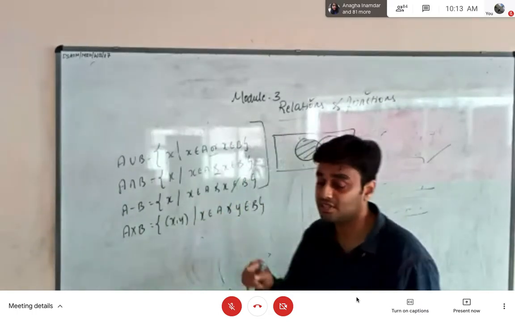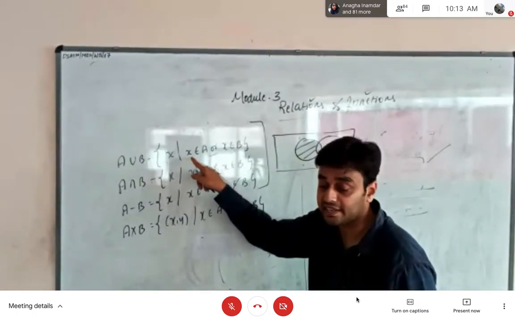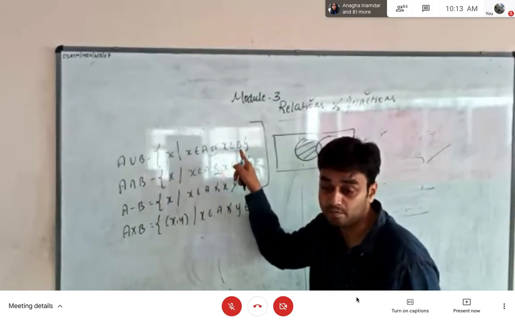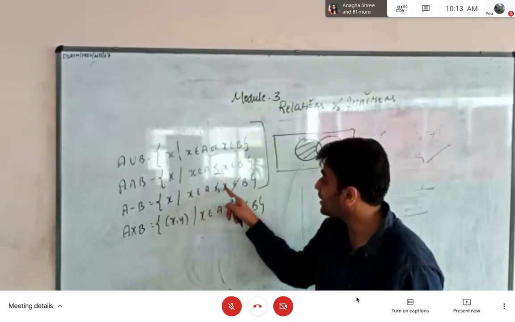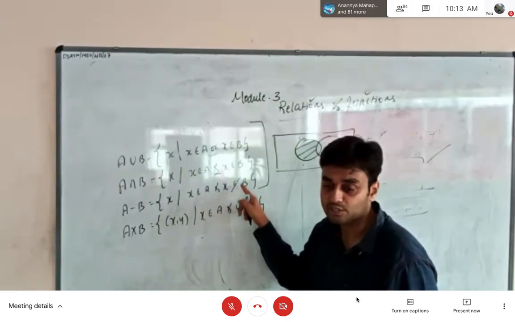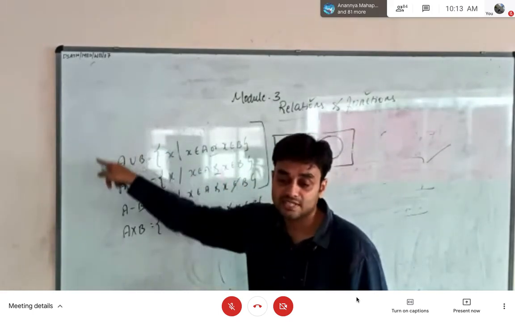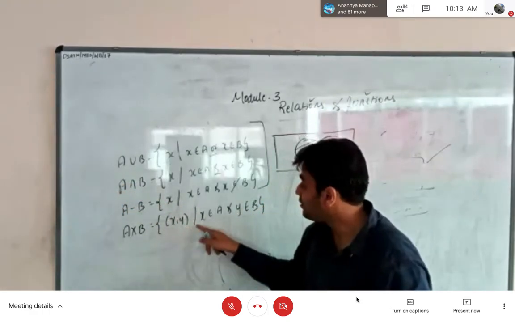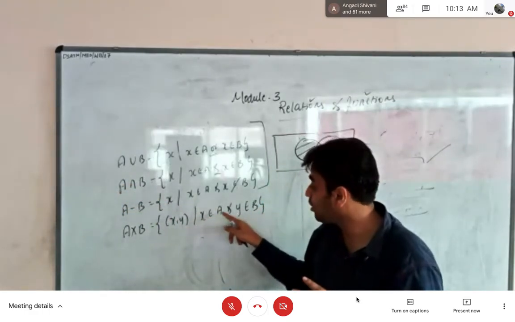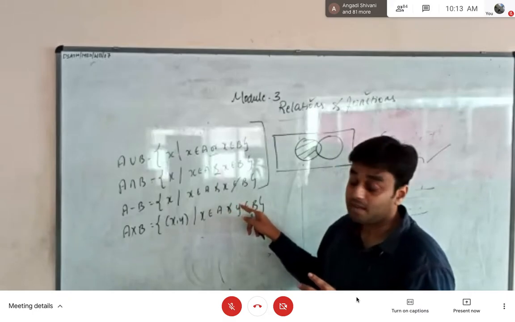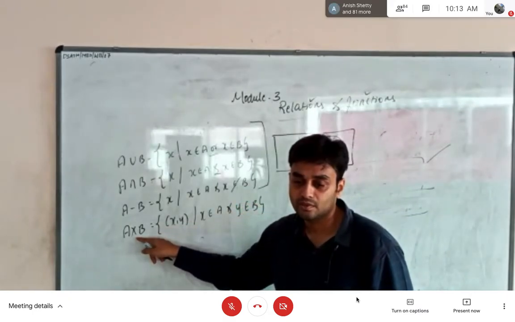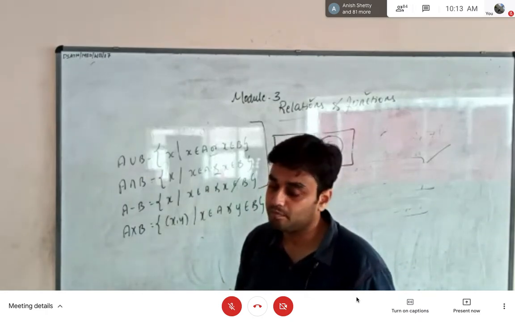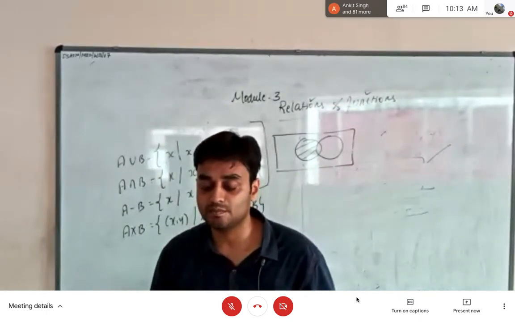If you observe this, everywhere I have written only x belonging to A or x belonging to B, x belonging to A and x belonging to B, x belonging to A and x does not belong to B. Then you have to think about these set operations. When you have two different elements like x belonging to A and y belonging to B, in that case you have to take the Cartesian product. This is a small hint, but it will help you a lot when you are solving the theorems.